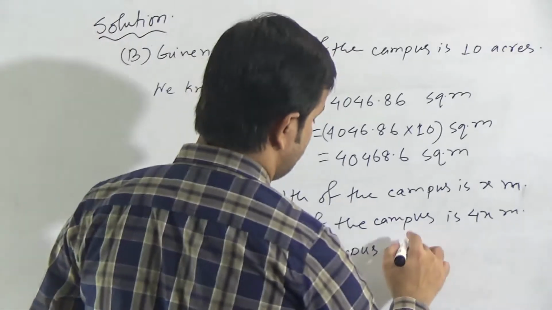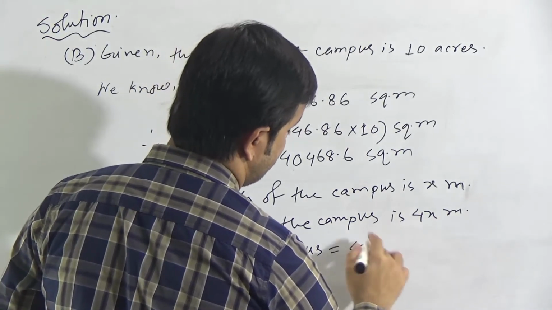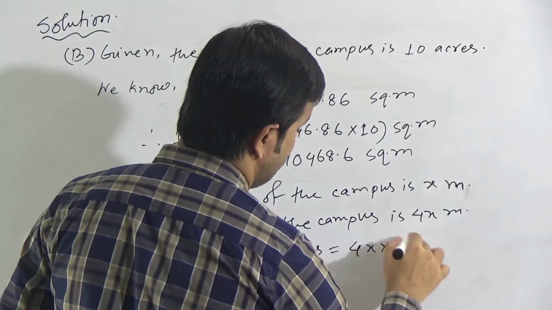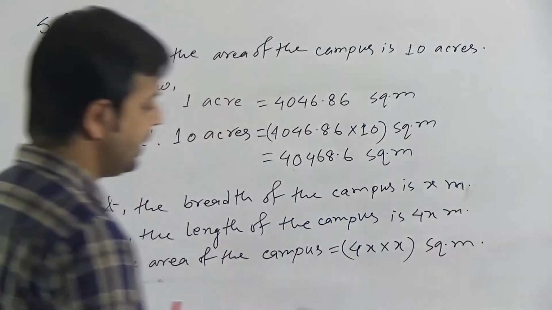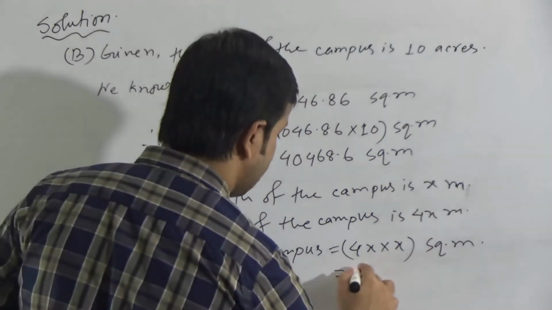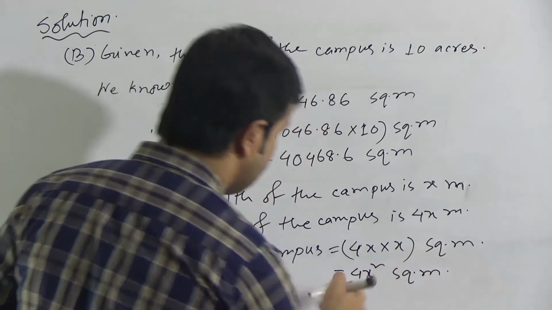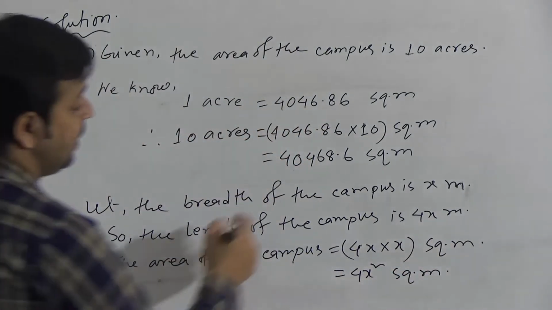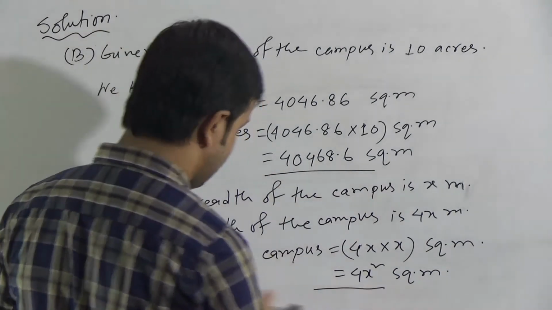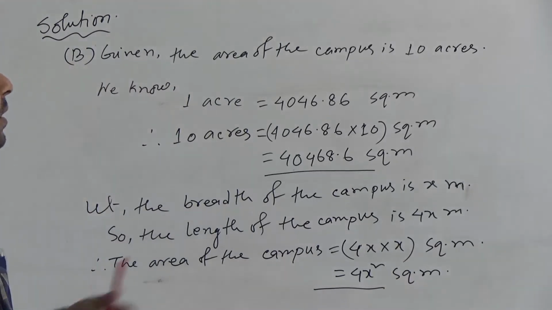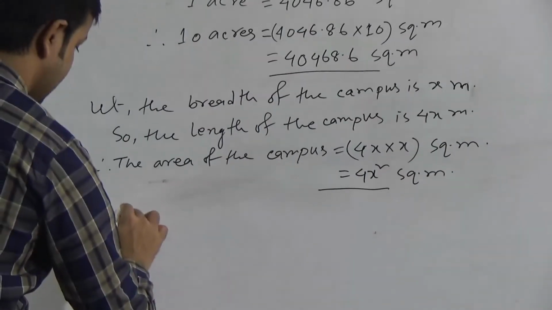So length means here 4x and breadth means x, and the unit will be square meter, as I have taken the unit meter. If we multiply, we will get 4x square meter. This is the area, but from our given information, this is also the area. So we can say these two areas will be equal.